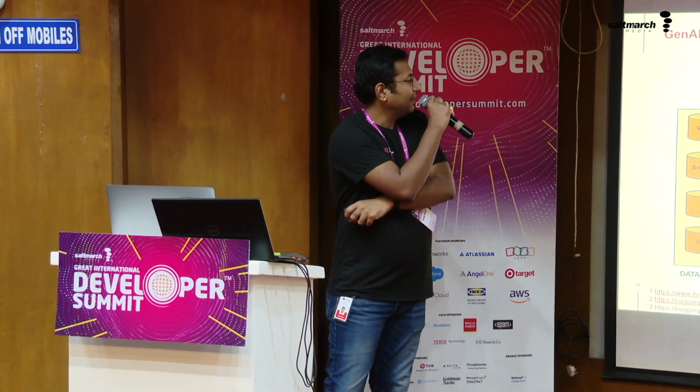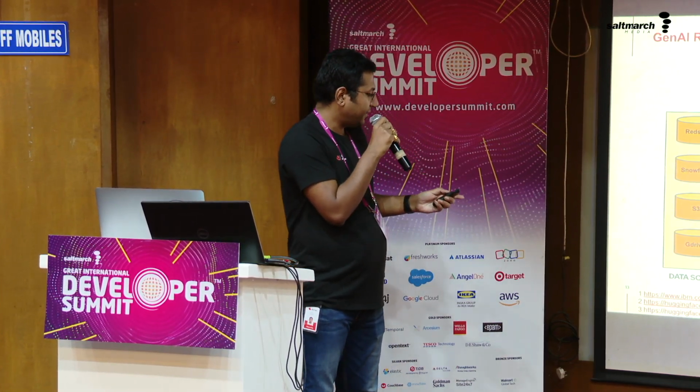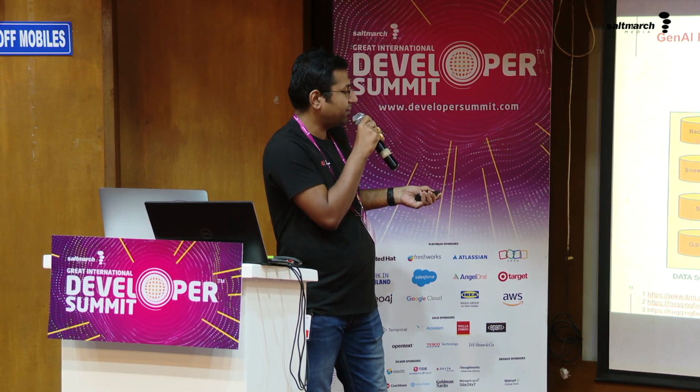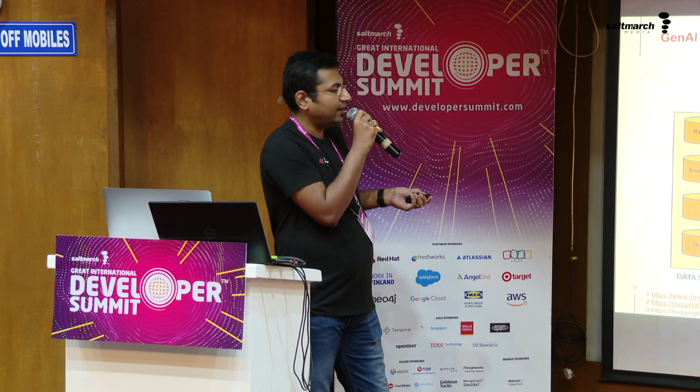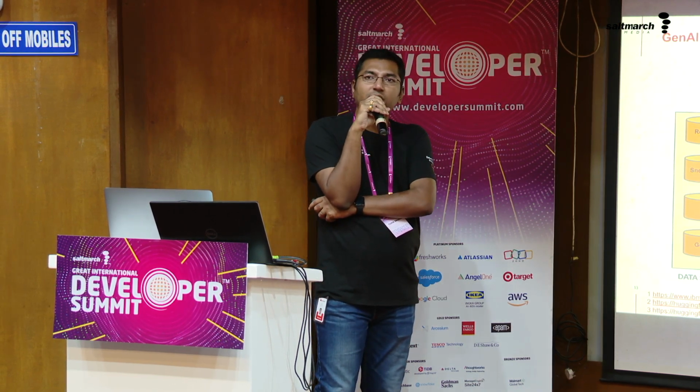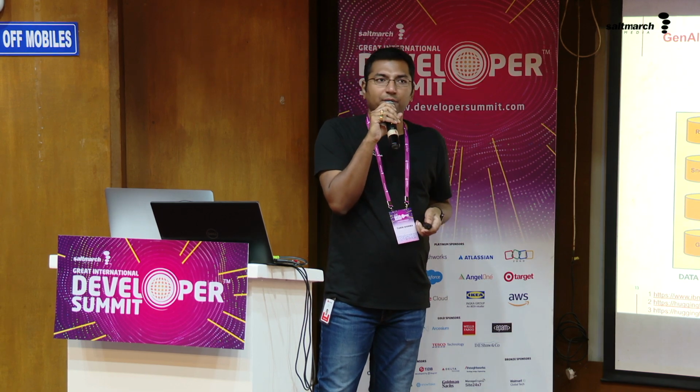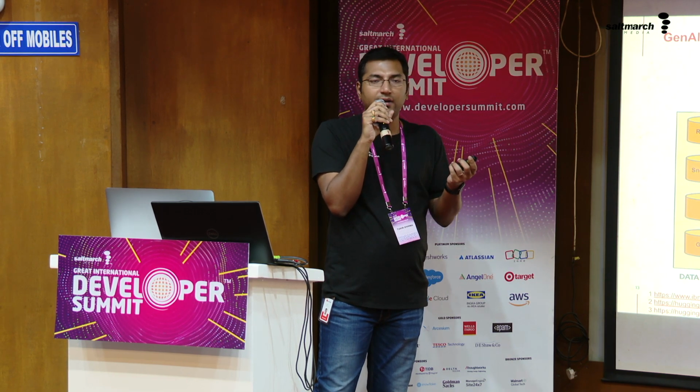Now, coming to the next one. This is what I wanted to show as a reference architecture for any Gen AI application that you will be thinking of building. If you look at the left side, the data sources you have, for example, these are just placeholders I have used to explain why they are there. You have Redshift and Snowflake, which is where the structured data is going to reside: data related to your finance, your product information, customers, and all that.